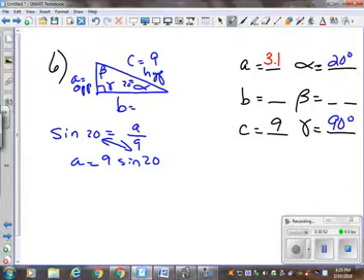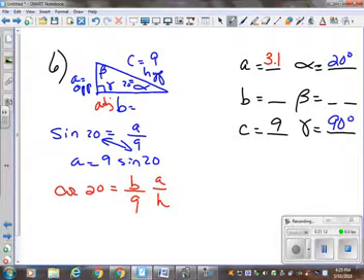That's why we're storing it, because if you round it off and then use it for a math calculation, you won't get the right answer for the angle. Now, alpha is also adjacent to B. So we're going to use cosine of 20 is equal to B over 9, because this is adjacent over hypotenuse.